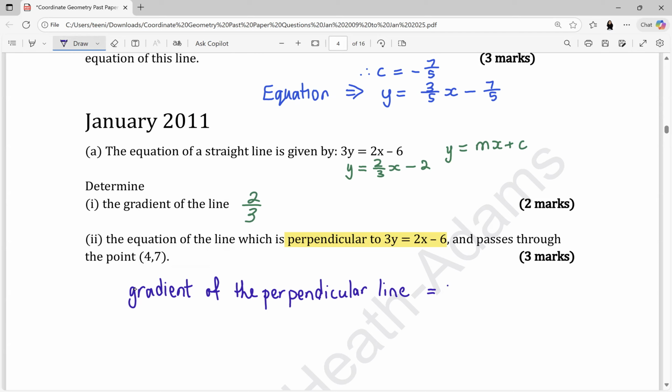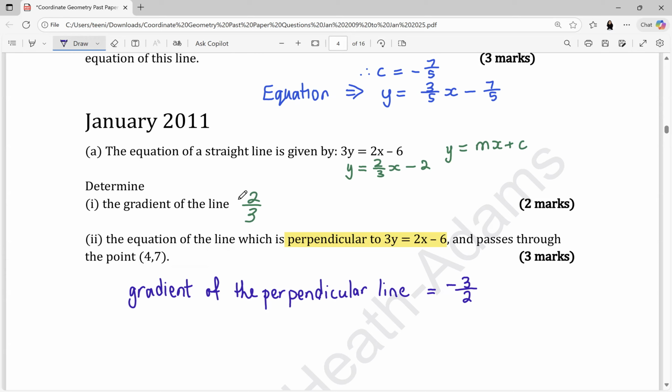No, the gradient of the first line is 2/3. So the gradient of a line that's perpendicular to that would be what? -3/2, because it's going to be the negative reciprocal of that gradient. I think that's actually the same example I gave you all just now, right?